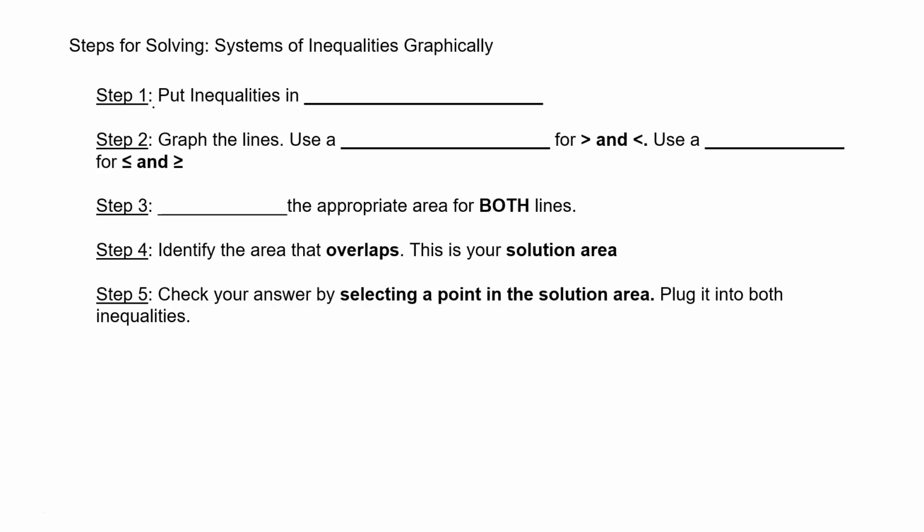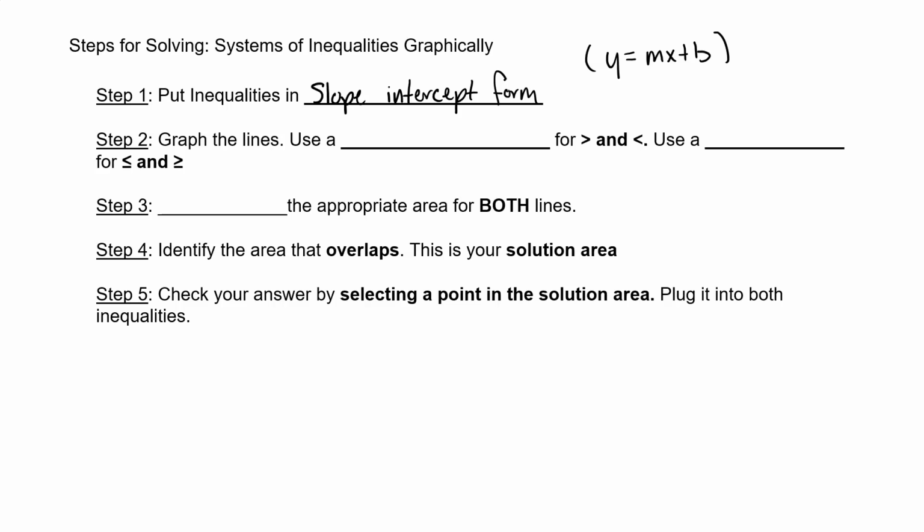So first step, put inequalities in slope intercept form, which that is y equals mx plus b. But since these are inequalities, it's not going to be an equal sign. It's going to be an inequality symbol there, but this is the slope intercept form.